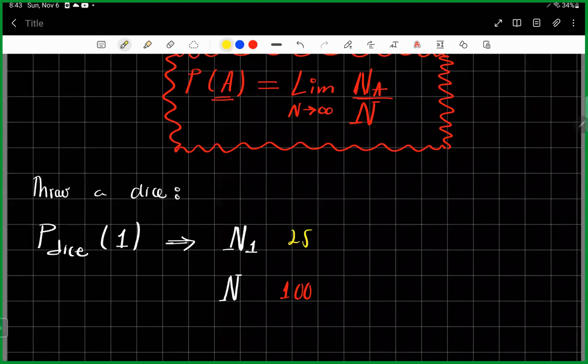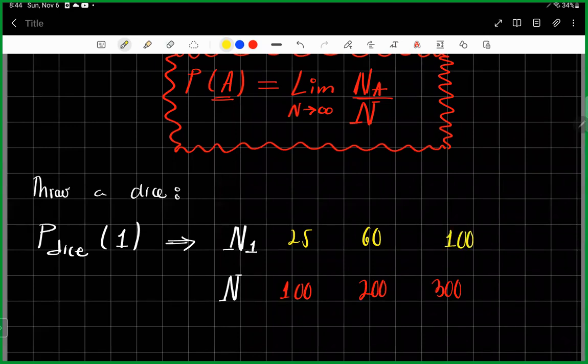If I increase the number of trials to 200, I get 60 times a one. If I did 300 times, I obtain 100 times a one.